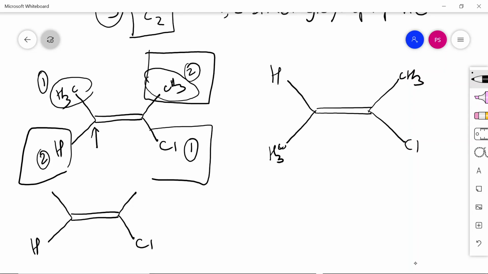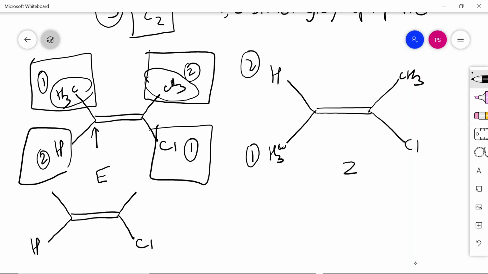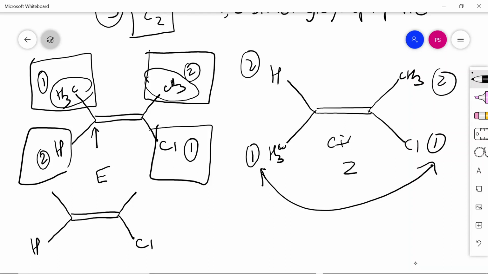You can see here first priority groups are on opposite sides, that's why it is the E isomer and this is the Z isomer. Because 1, 2, here 1, 2, you can see the same priority groups are on the same side, that's why it is the Z or cis isomer.